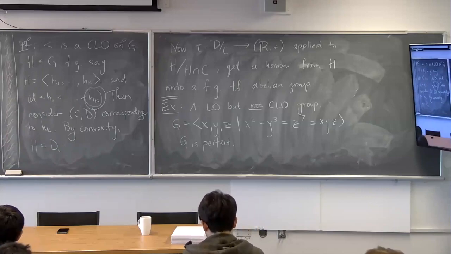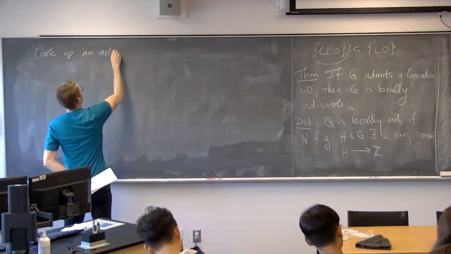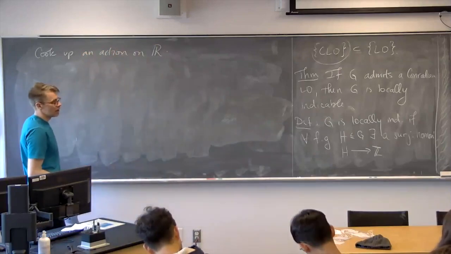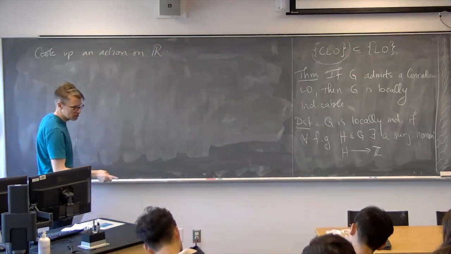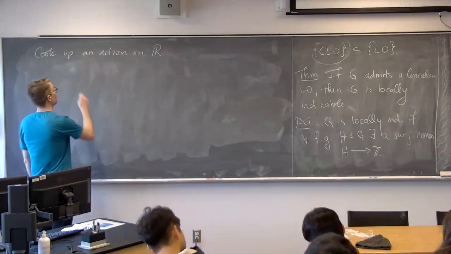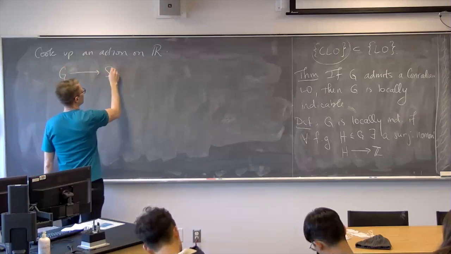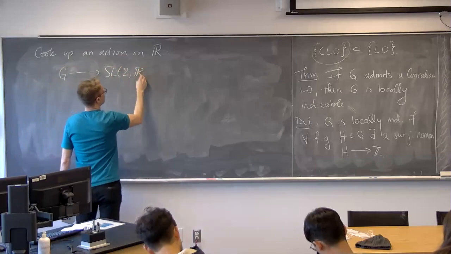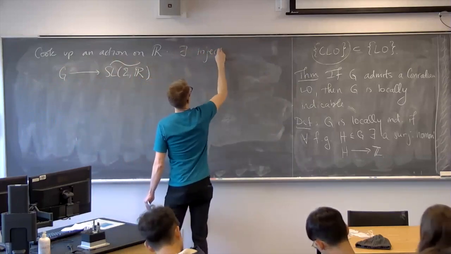And if you know where this group comes from, the way that you do it is, we can hook up an action on R. You take a representation into SL2R and you lift it to the universal cover of SL2R, so that you get an injective homomorphism.